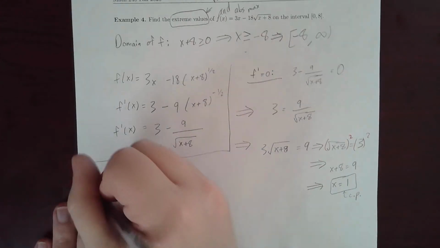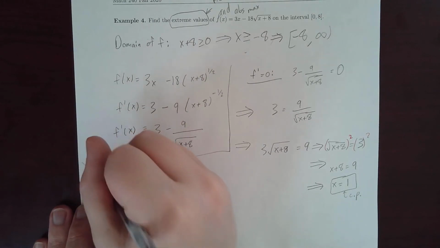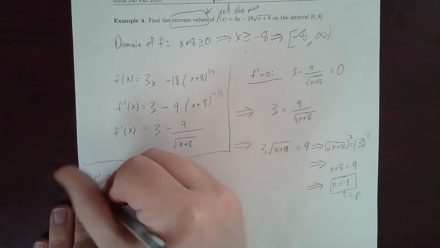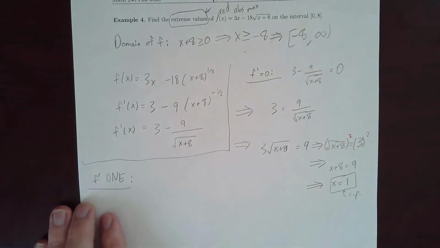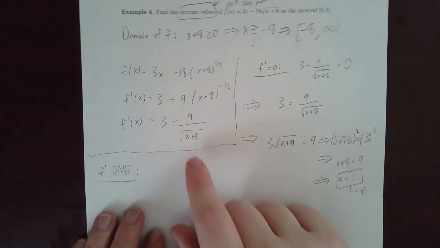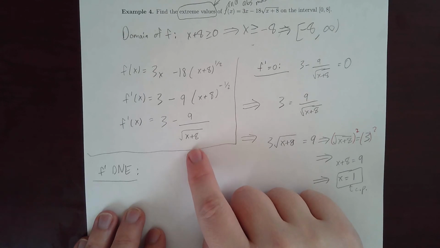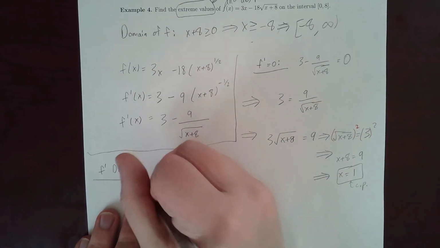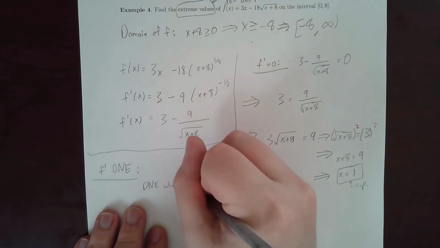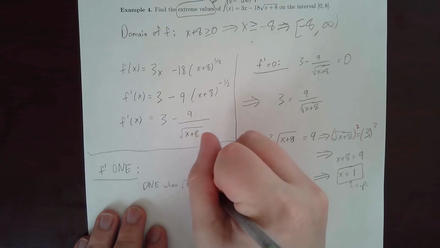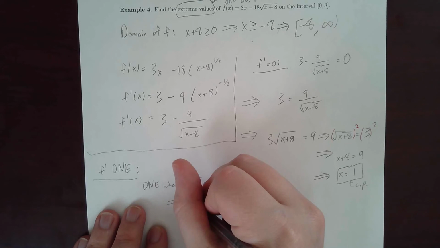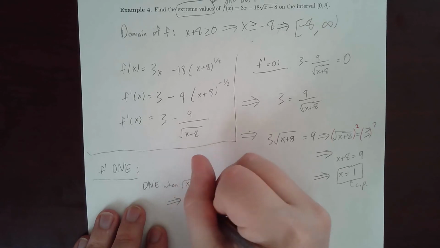The next thing we want to do is look at where the derivative does not exist. So here our main issues are going to be the square root in the denominator. So we want to make sure this is not equal to 0. So it does not exist when the square root of x plus 8 equals 0, which will end up telling us that it does not exist when x equals negative 8.